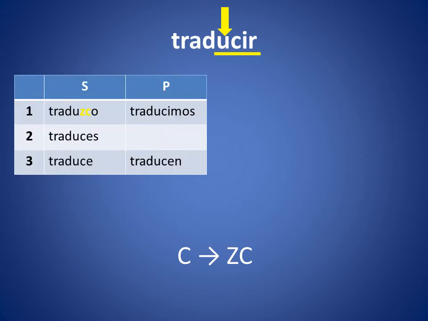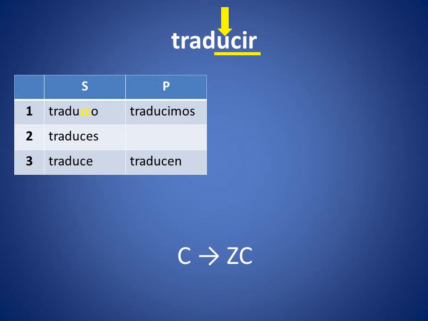Okay, so hopefully you came up with traduzco in the yo form, and don't forget that I in the nosotros form, traducimos. We saw an E there in the last slide, because conocer is an ER verb, but traducir is an IR verb, so it uses the I in the nosotros ending there of the simple present indicative.